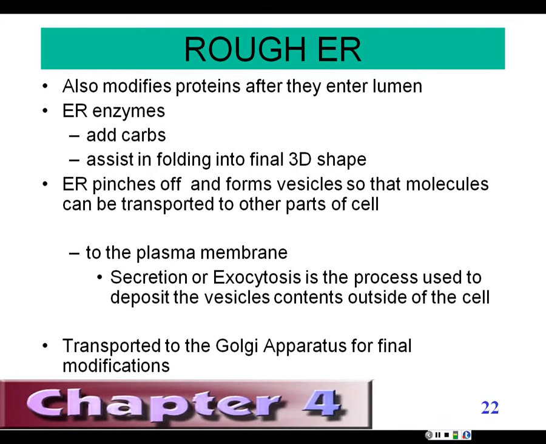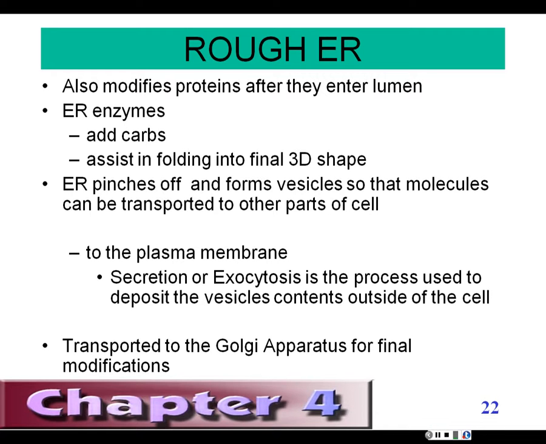Now Golgi are these 3 to 20 flattened sacs. And notice, you can't see what I drew. I'm going to move this chair. But somebody tell me the difference between what you saw with the endoplasmic reticulum and what you're seeing with the Golgi.